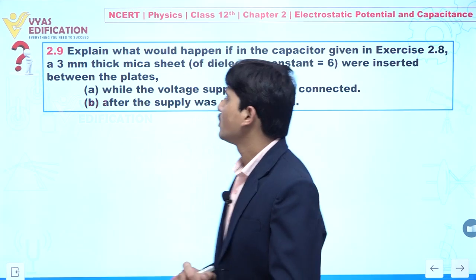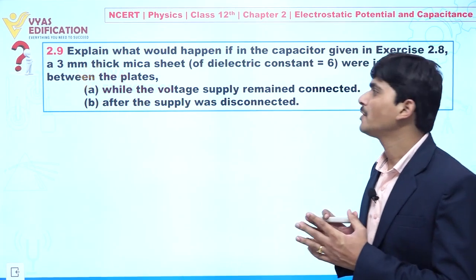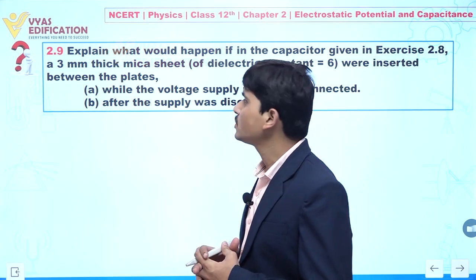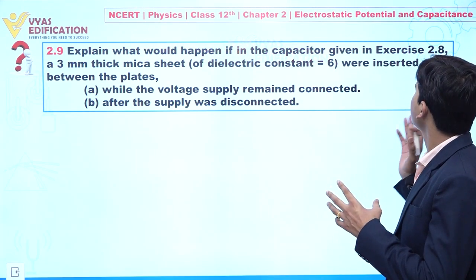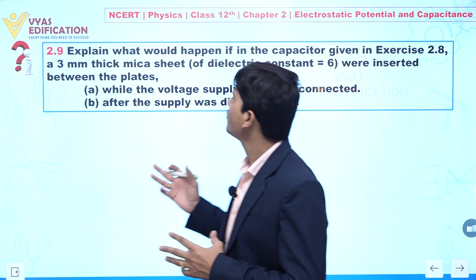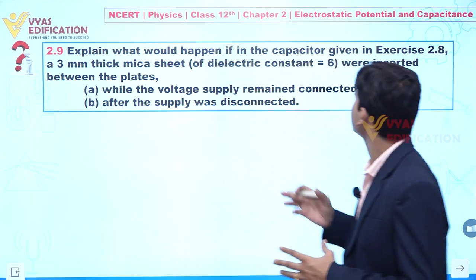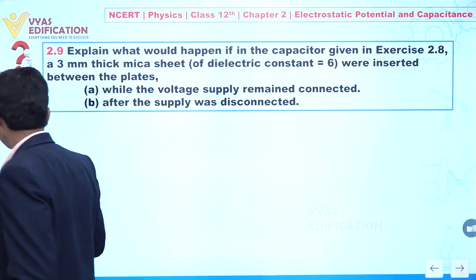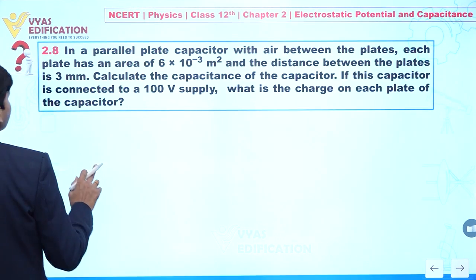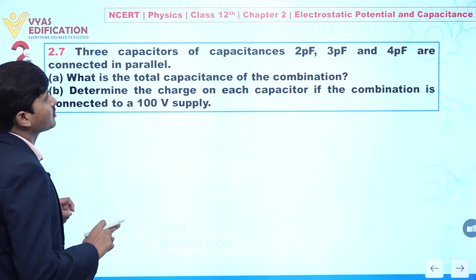Now dear student, we are going to discuss question number 2.9. In this question it is given: explain what would happen if, for the capacitor given in exercise 2.8, a 3 mm thick mica sheet of dielectric constant 6 were inserted between the plates. So first we will take the values from the previous question.